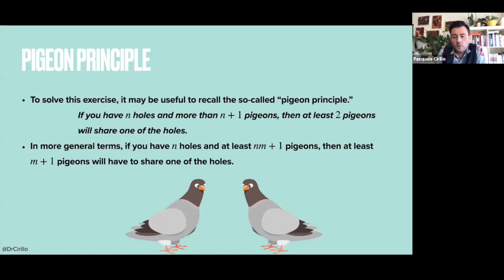So I will have a hole that contains m plus 1 pigeons. Now, why is this useful for our problem? Because if you now know the pigeonhole principle, you have a very simple way of solving the exercise.